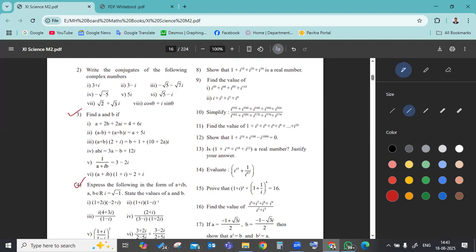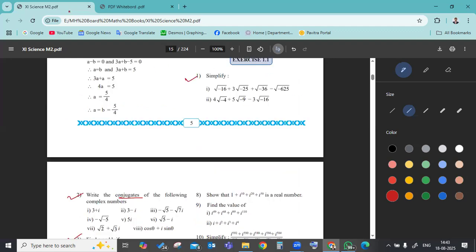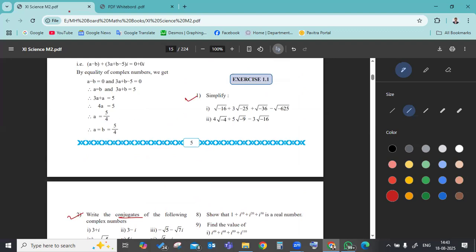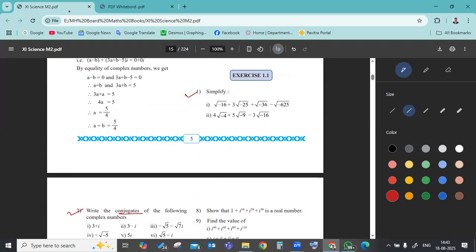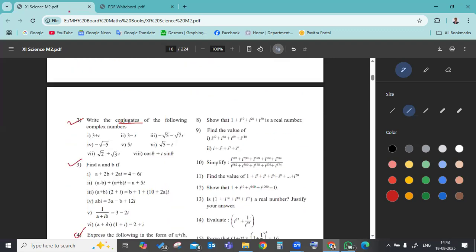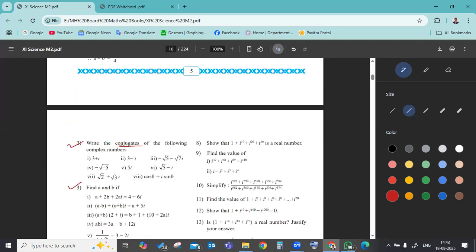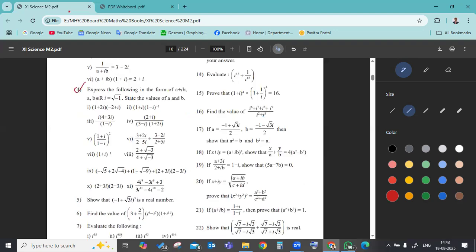This was the conjugate of a complex number. Okay, now let's solve question number 5.